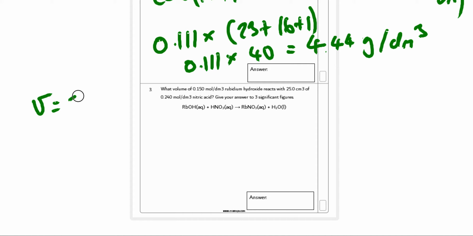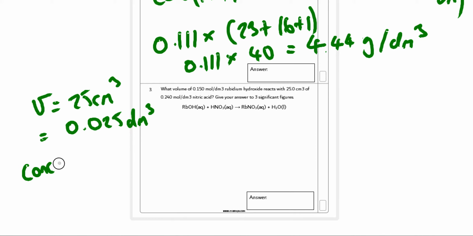So the volume, 25 centimeters cubed, which is equal to 0.025 decimeters cubed, and then you would say that the concentration is equal to 0.24 moles per decimeter cubed.